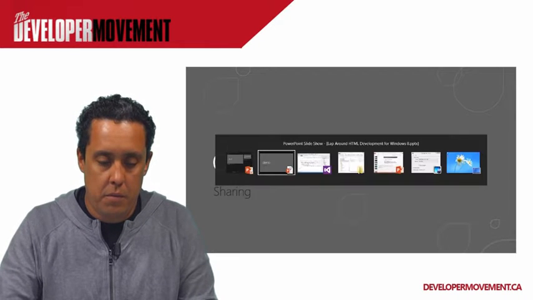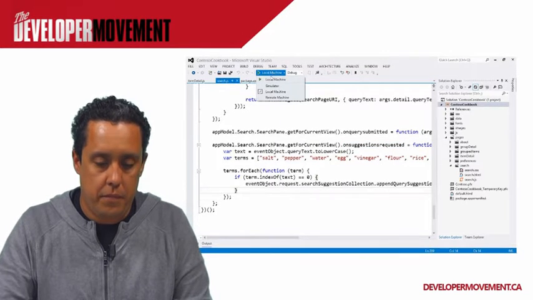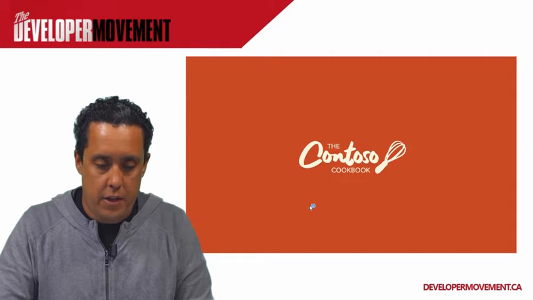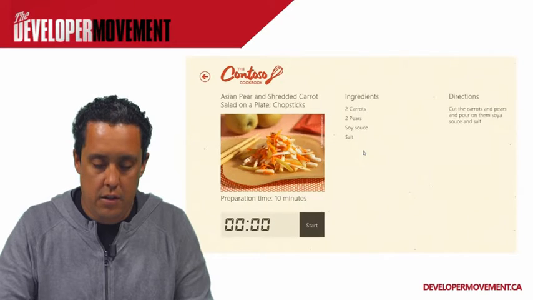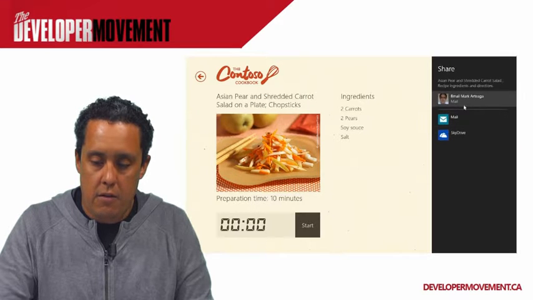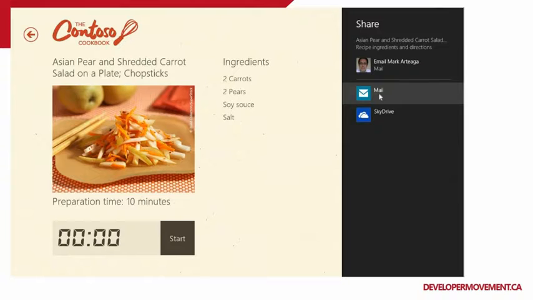It's in the same Contoso cookbook. For example, if we want to share the carrot salad, I'm going to share here. And here you see the options right now that I have are Mail and SkyDrive.